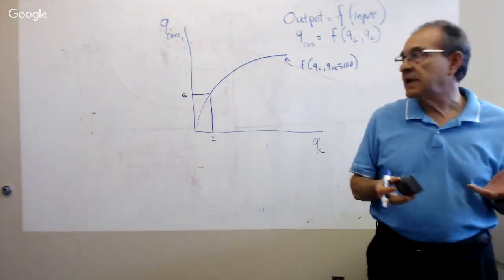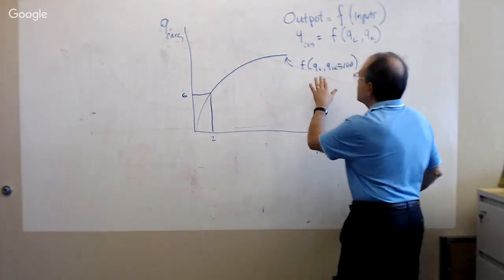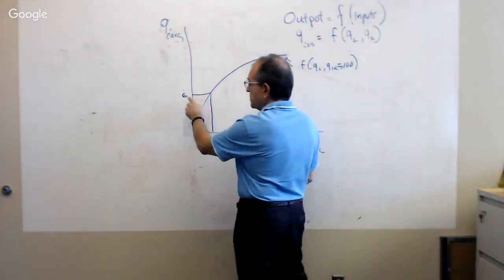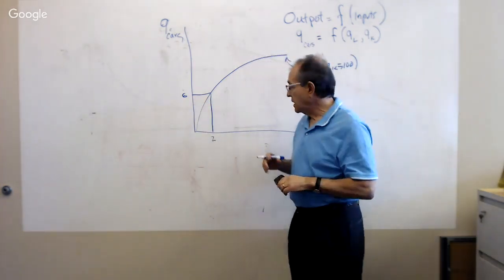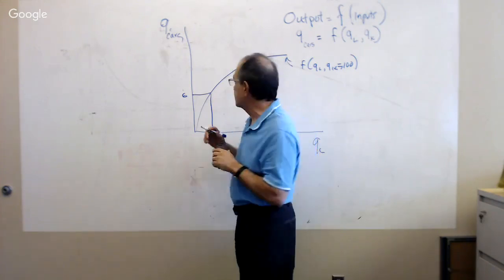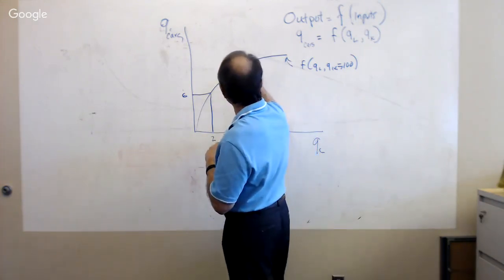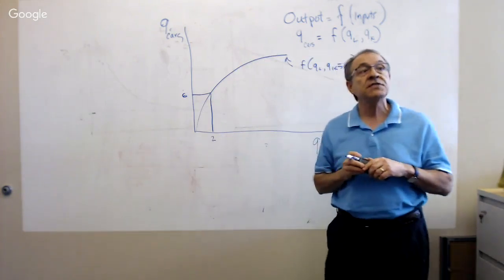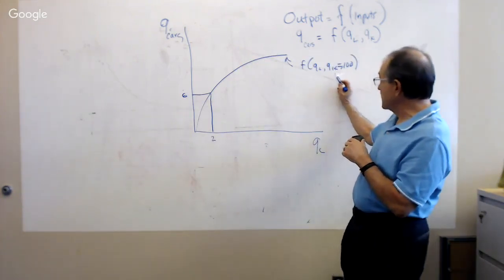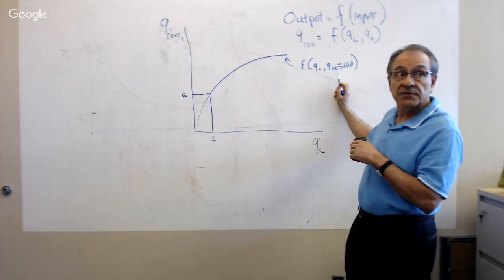Now, returns to scale has to do with what's going to happen to production if I expand labor and capital by the same percent. One thing you should know by now from the videos is that the production function is going to shift upwards, because we're changing the amount of capital that is fixed.